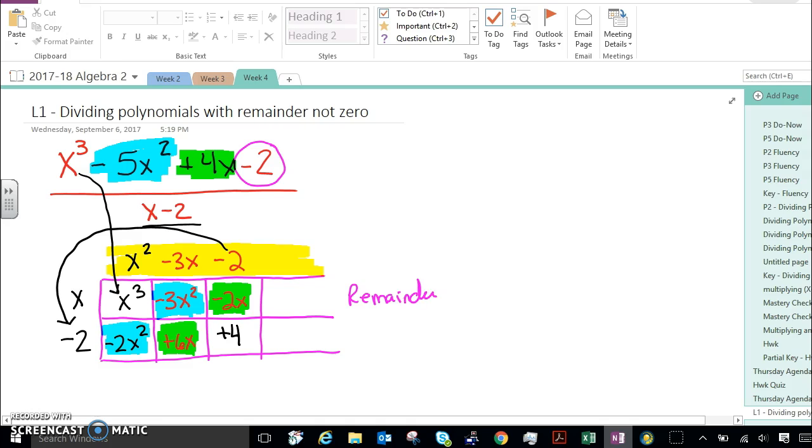We're thinking, what would I add to positive 4 to get to negative 2? Well, this would have to be a negative 6. So that's my remainder.